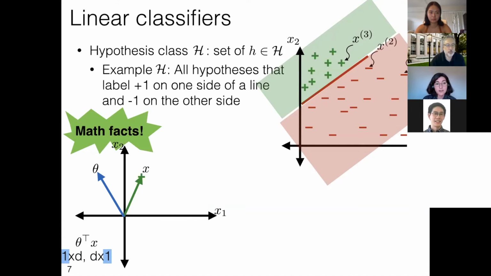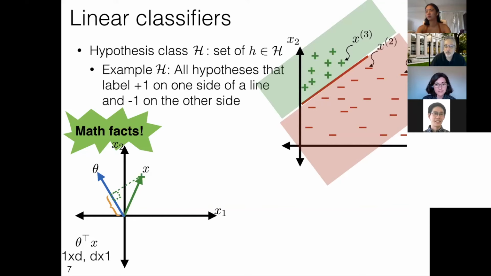What does this number mean? Here's one way to interpret this number. If I took x and I looked at its projection onto theta, what I mean is how much of x is in the direction of theta. So some of it's in the direction of theta, and some of it's in a direction perpendicular to theta. And I want to ask how much of it is in the direction of theta.